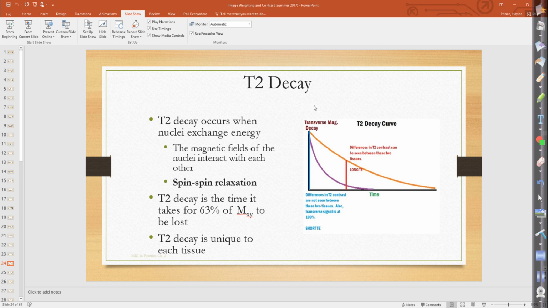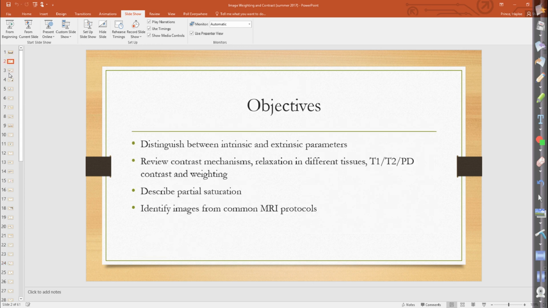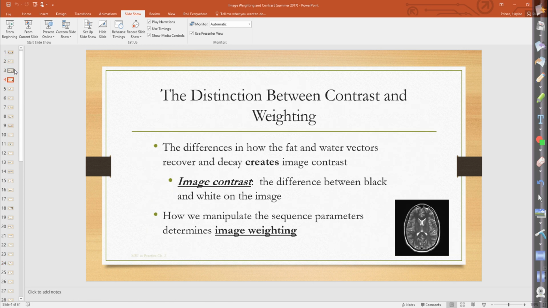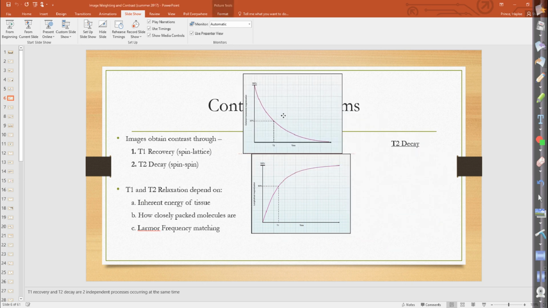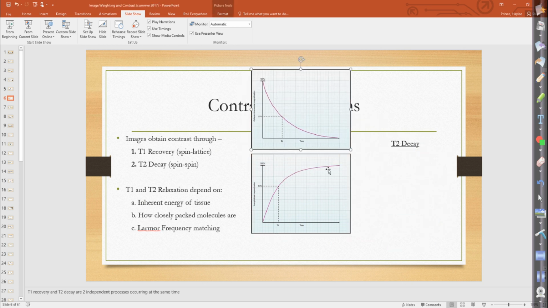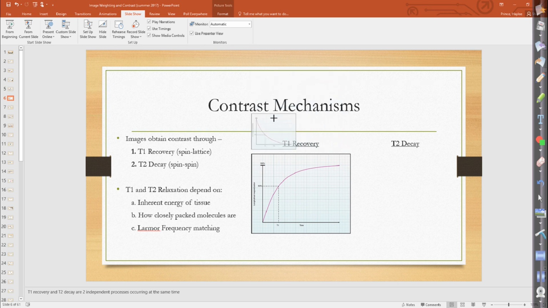So you can't just put the T1 recovery curve on top of this, even though I kind of showed you that on this first slide here. One of these first slides, let's see where it was. Right here. You can't just put this right here and go, oh, well, you can see how fat recovers here, and then fat also decays here at the same time. No. T2 is actually happening a lot faster.